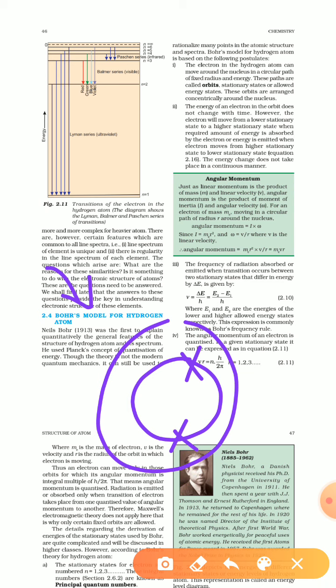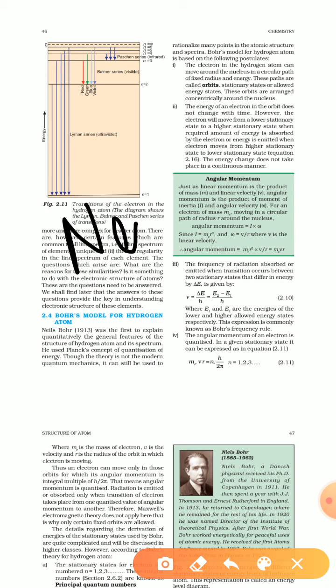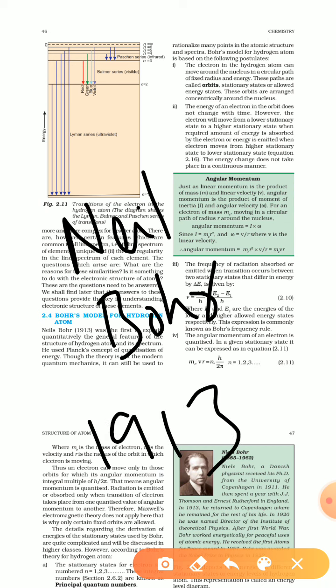Now, speaking further, the scientist behind Bohr's model was Niels Bohr. In 1913, he found some specific rules regarding the structure of the hydrogen atom.